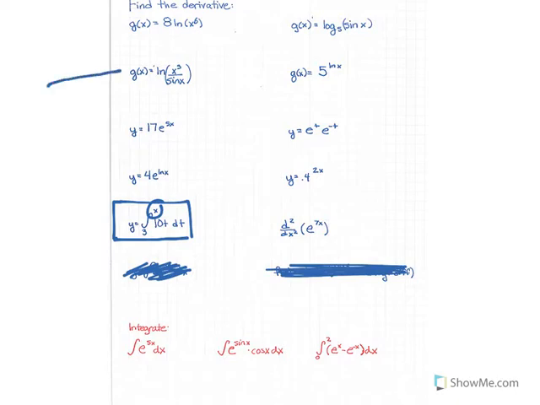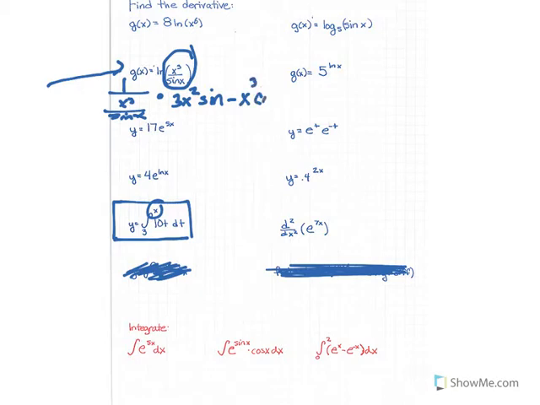This one looks short. It's the ln of that fraction right there. So that's equal to 1 over that fraction, sine of x, times the derivative of the inside, which is the quotient rule. u prime v minus u v prime over v squared.